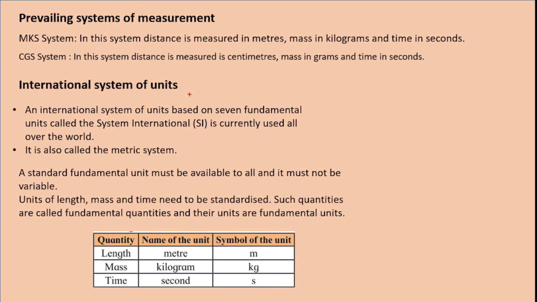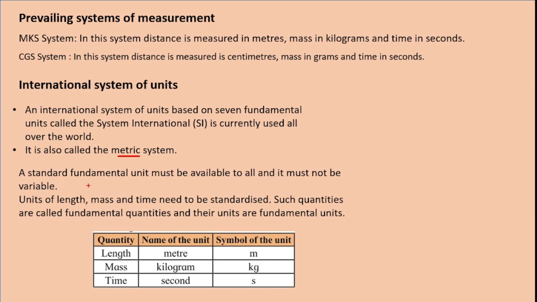International system of units. An international system of units based on 7 fundamental units are called System International or SI, and it is currently used all over the world. It is also called metric system.